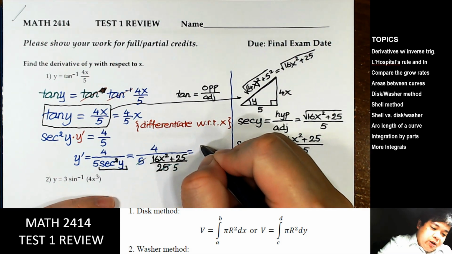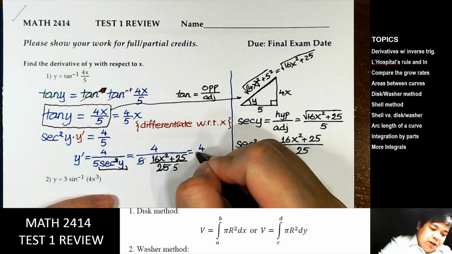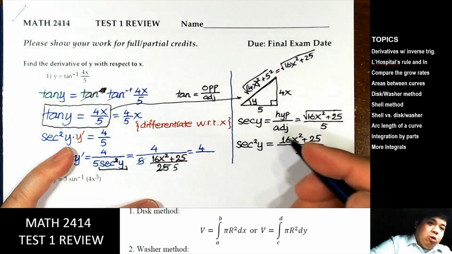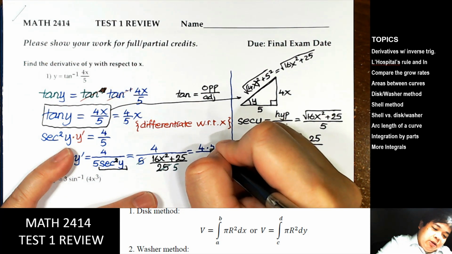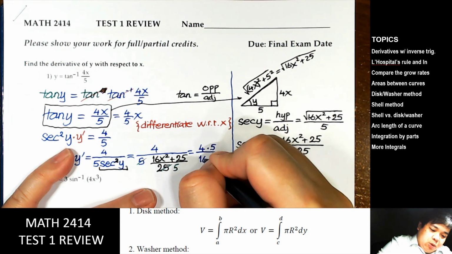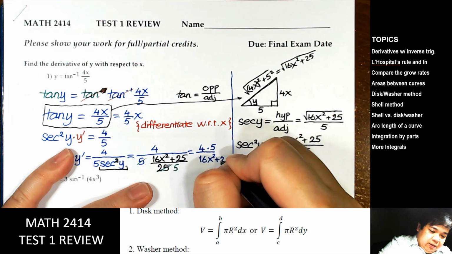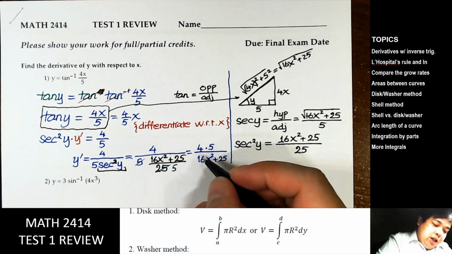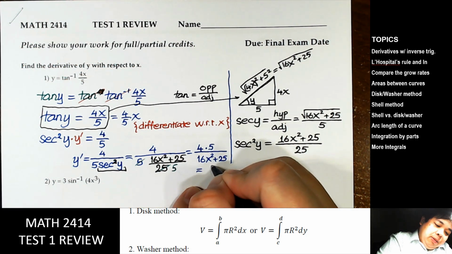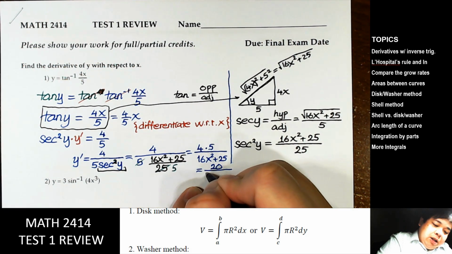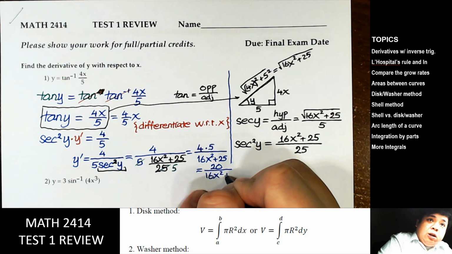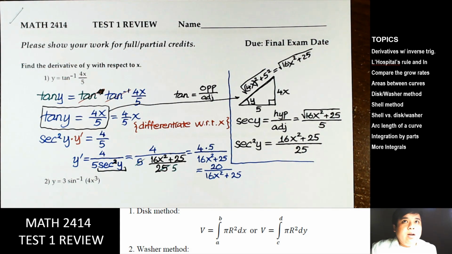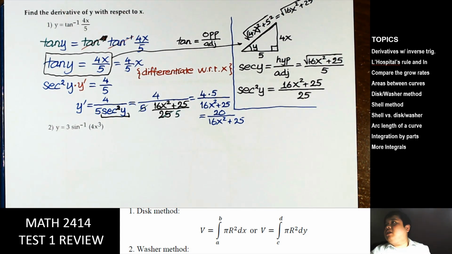So we have 4 on the top, and then multiply by the reciprocal of this, which means multiplying by 5 on the top, and the bottom is 16x squared plus 25. So that is 20 over 16x squared plus 25. Alright, so that is that.